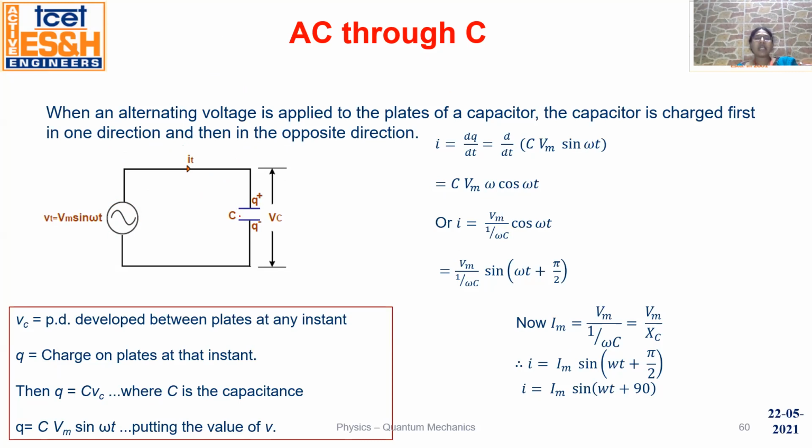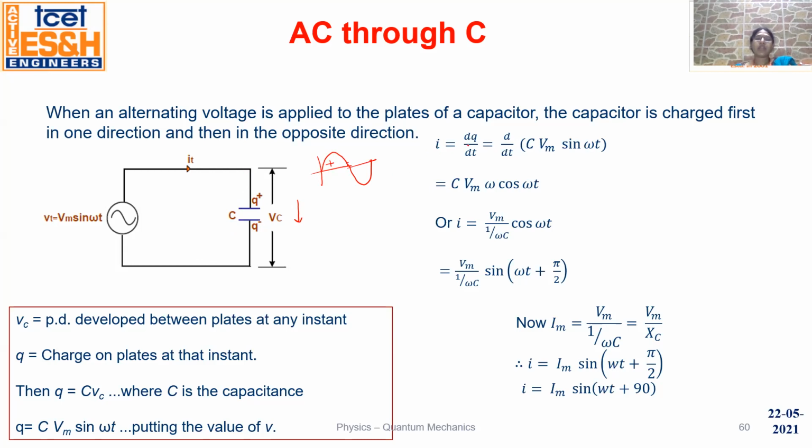The capacitor is charged first in one direction, and when the negative half comes, it is charged in the opposite direction as the supply reverses.